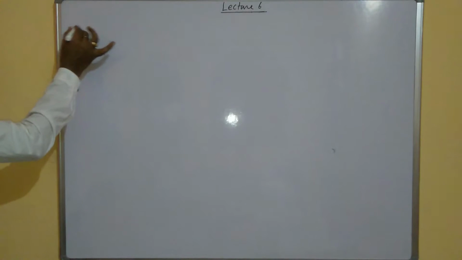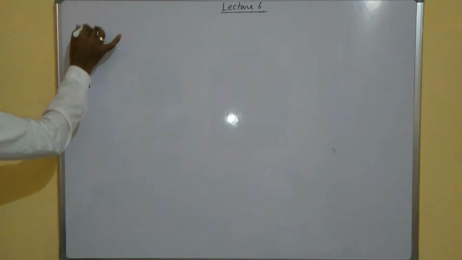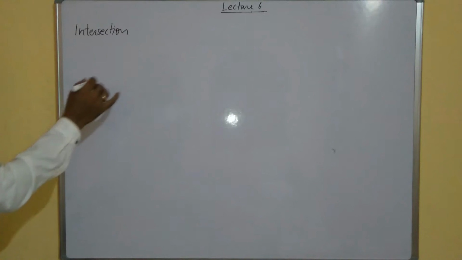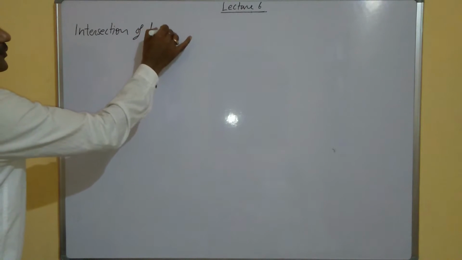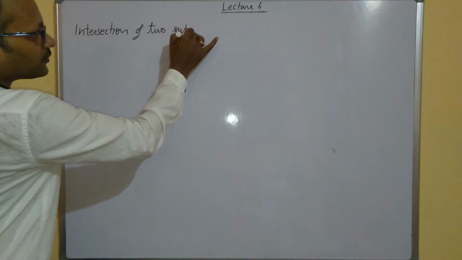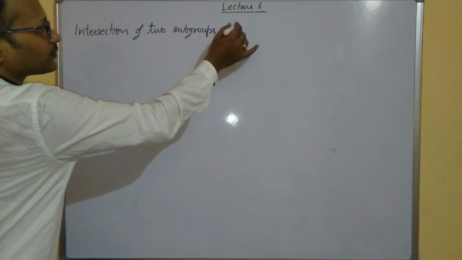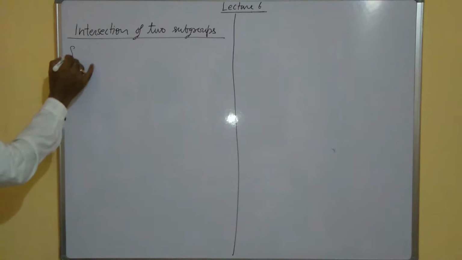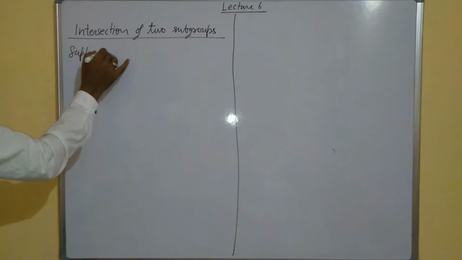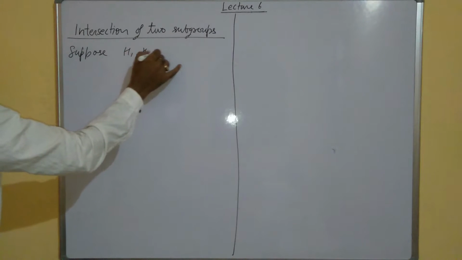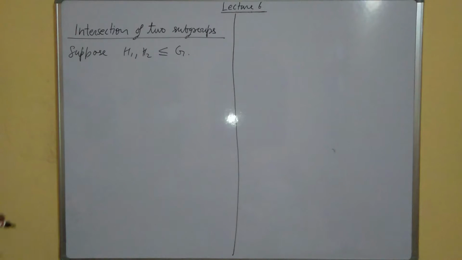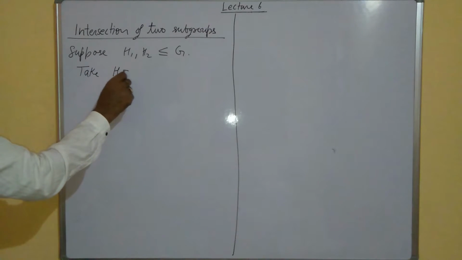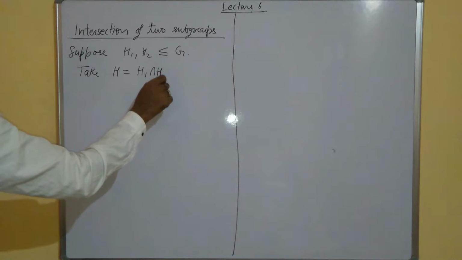Okay, now I will tell you the intersection of two subgroups. Suppose H1 and H2 are two subgroups of a group G, and I take their intersection, H equal to H1 intersection H2.